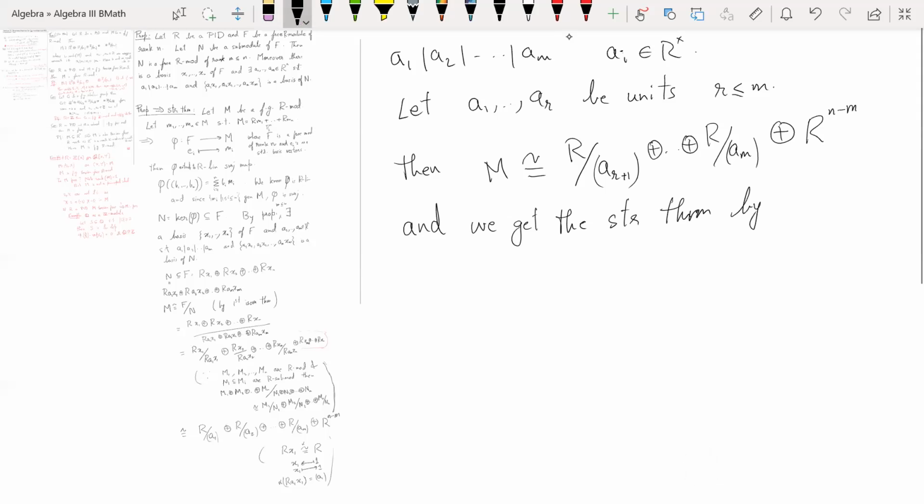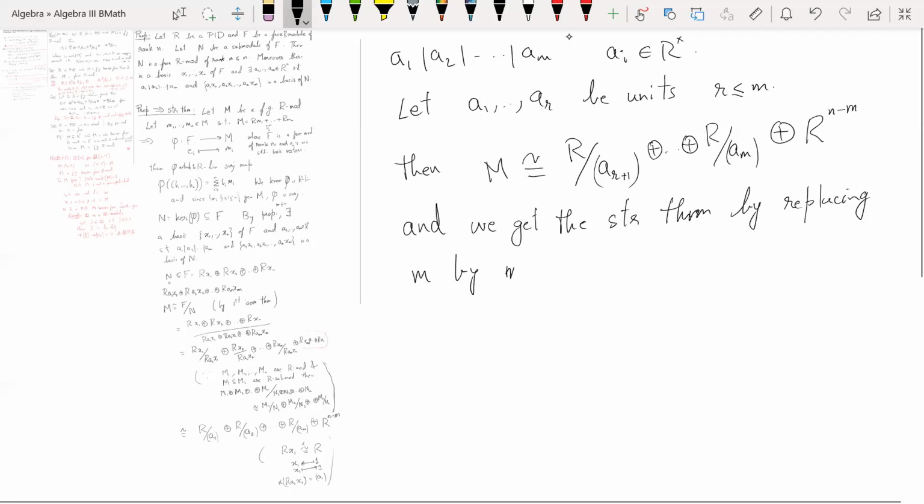by replacing M by M minus R and AI by A R plus I. So you just renumber this.